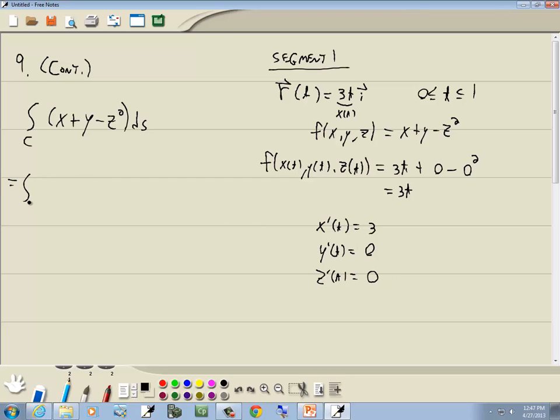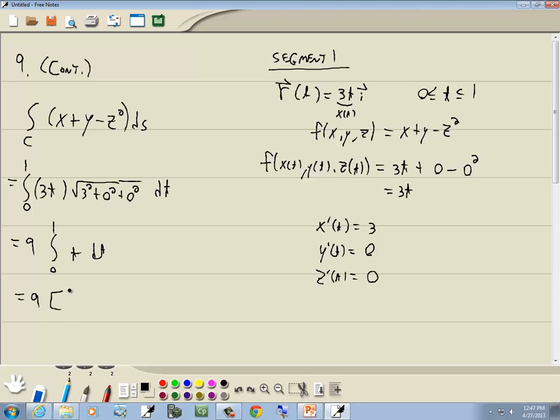Okay, so then this is going to go from 0 to 1 of our function, and our function we said was 3t, times the square root of x prime squared plus y prime squared plus z prime squared dt. Well, 3 squared is 9, square root of 9 is 3, and that 3 can come out in front, so we got 9 out in front, 0 to 1 of t dt.